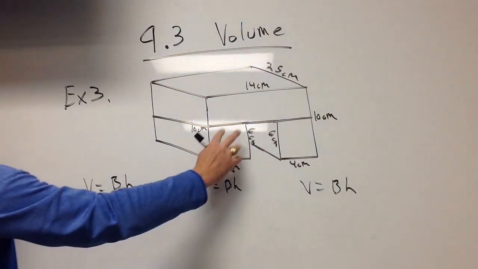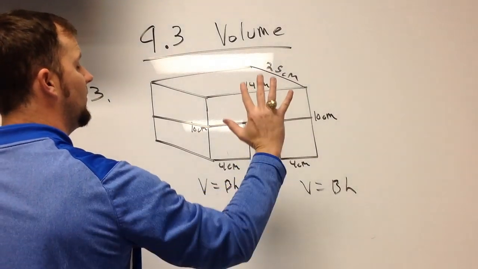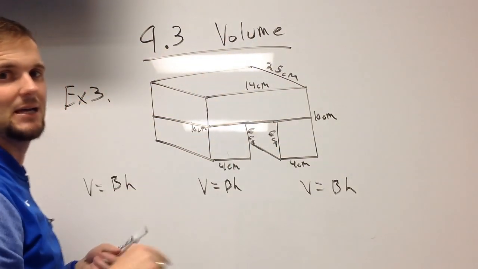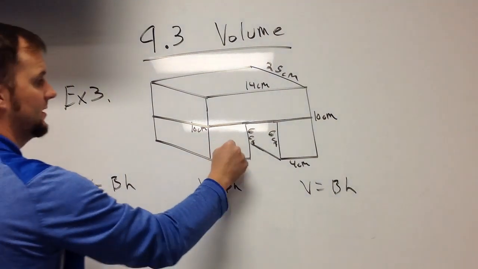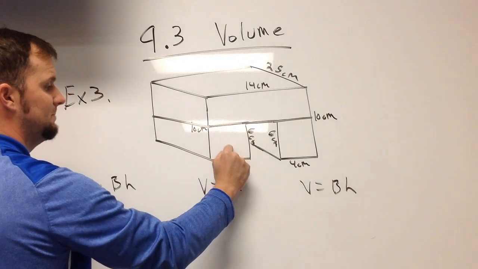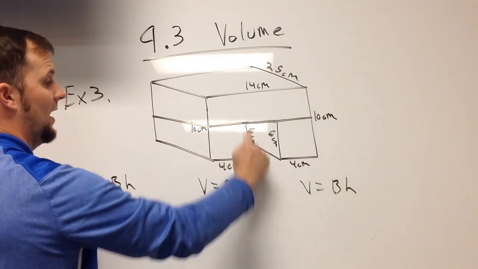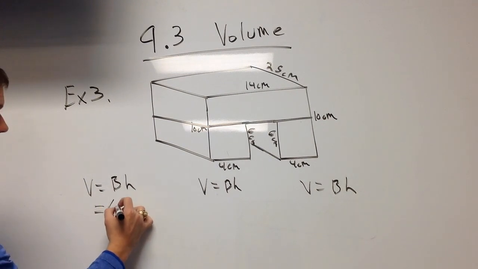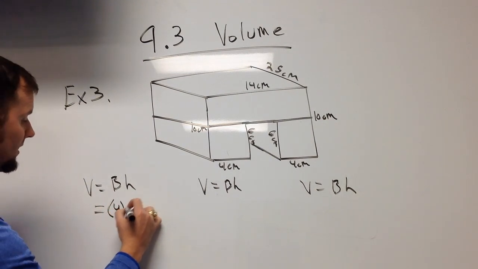So what I'm going to do is I'm going to treat these spaces right here that are up front as my bases, because I know on the back side they're this exact same thing. So let's go and look at this shape right here. On this base, I have a base of 4 and a height of 6. So right now, the area of my base is going to be 4 times 6.